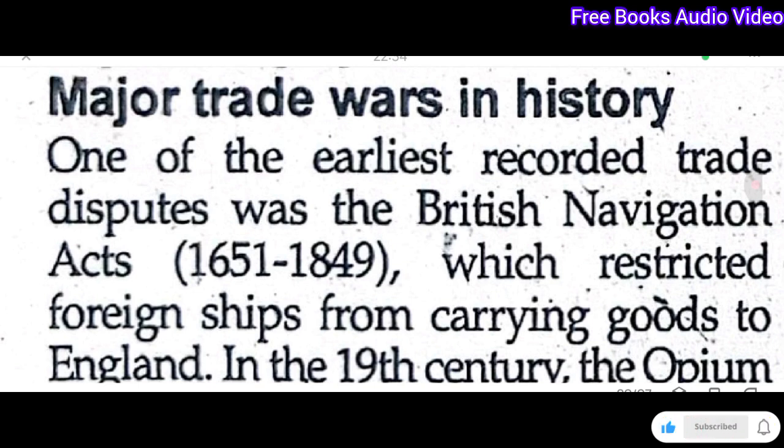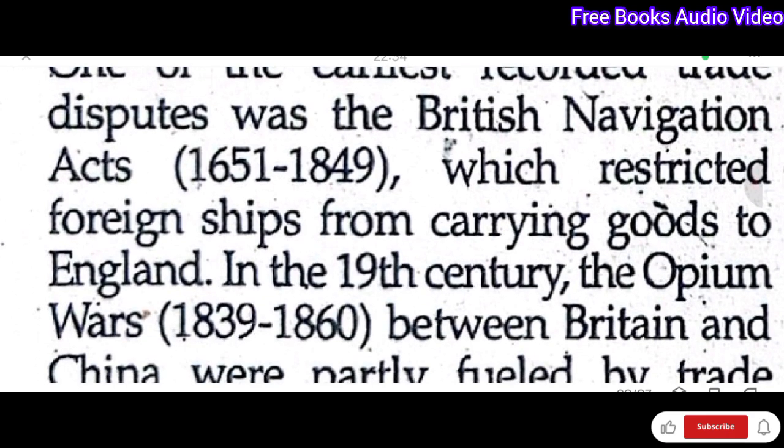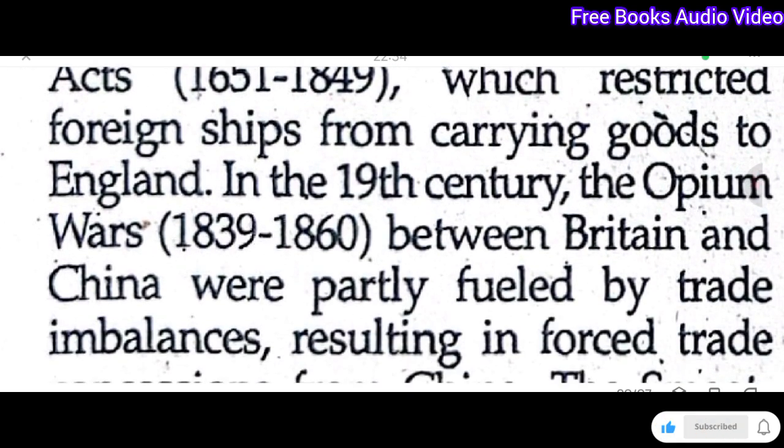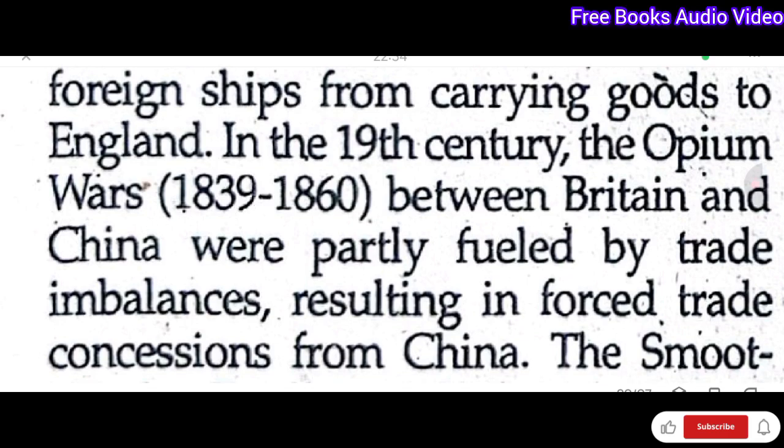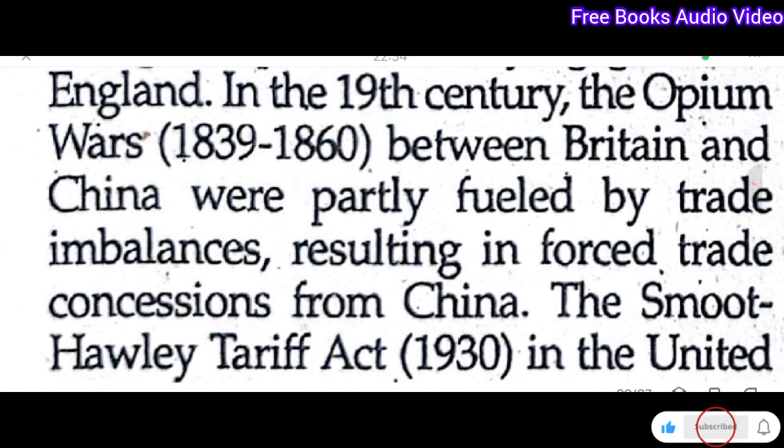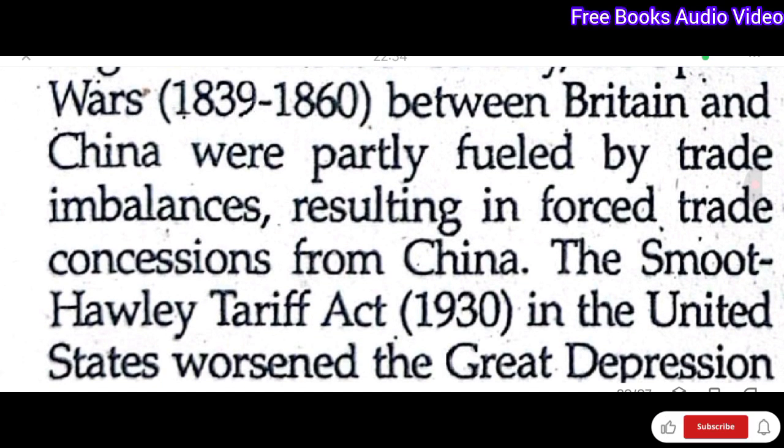In the 19th century, the Opium Wars, 1839 to 1860, between Britain and China were partly fueled by trade imbalances, resulting in forced trade concessions from China.